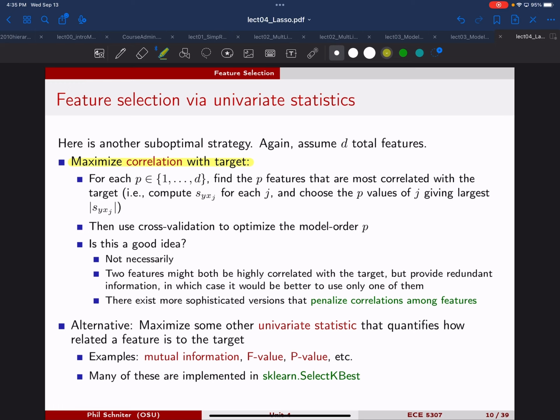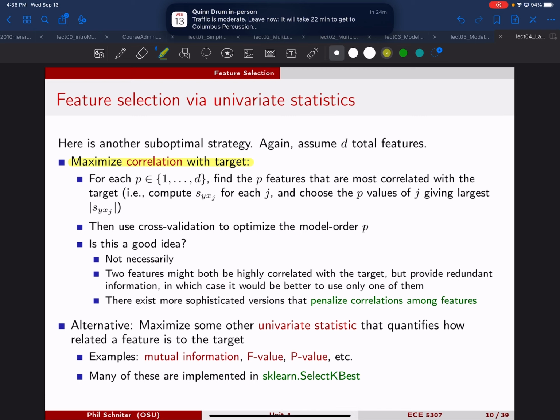The larger that is, you might say, that makes for a better feature. So it goes like this. You compute the sample cross correlation or cross covariance between each of your features and the target. First feature and target, second feature and target, third feature and target. Now you get this list of cross correlations, and you just rank them. You find, okay, this is the most correlated, this is the second most correlated, and so on.